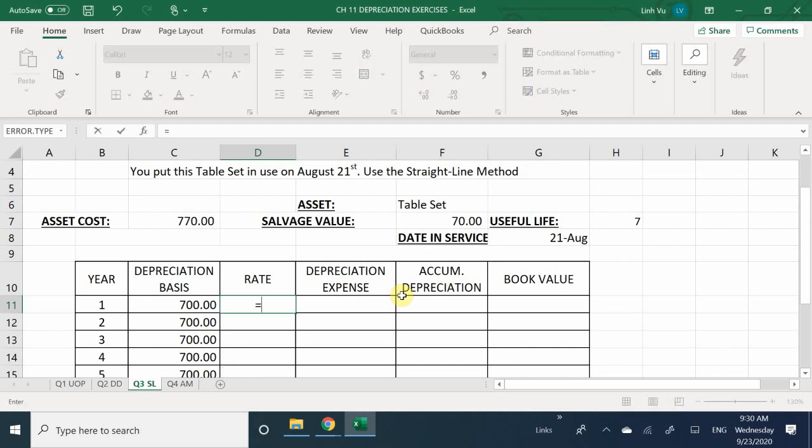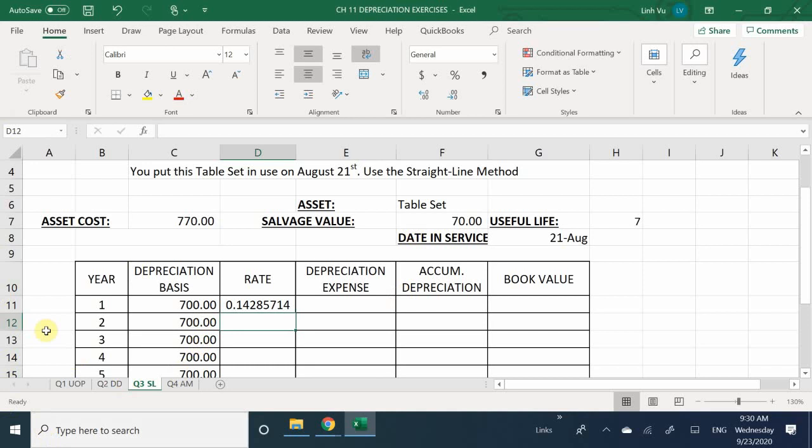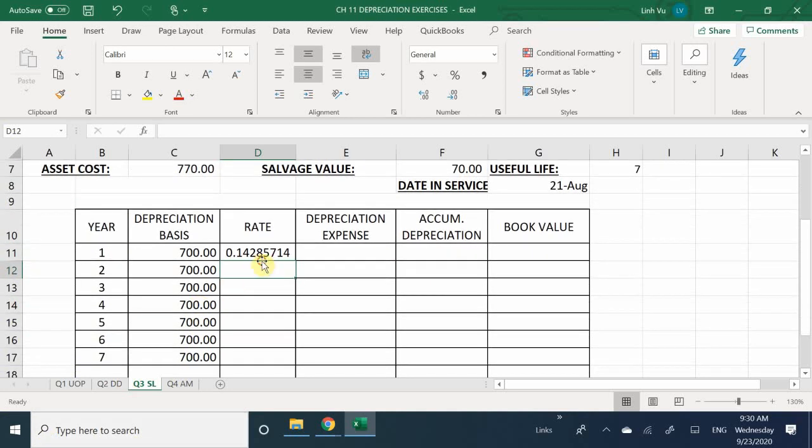I got 0.142857143. Good. It's going to be 1 over its useful life, which is how many years? 7. So in this case, I'm going to get that long number here, and this stays the same all the way through.